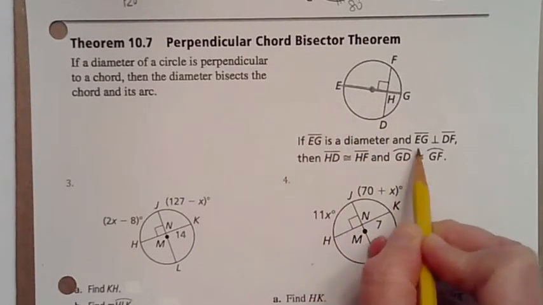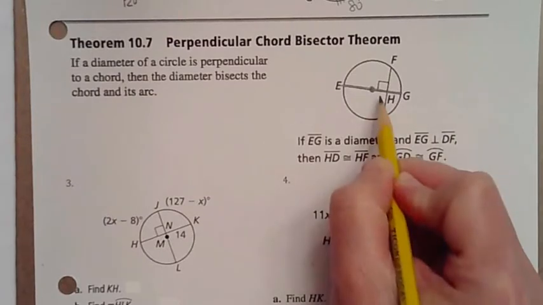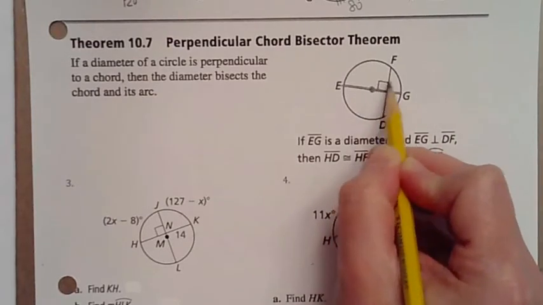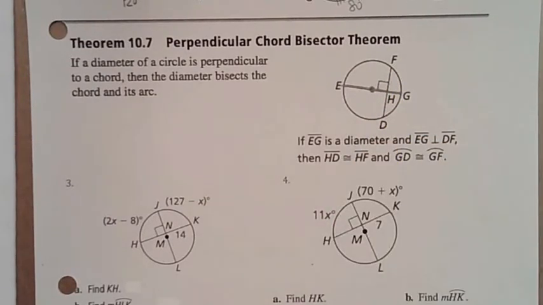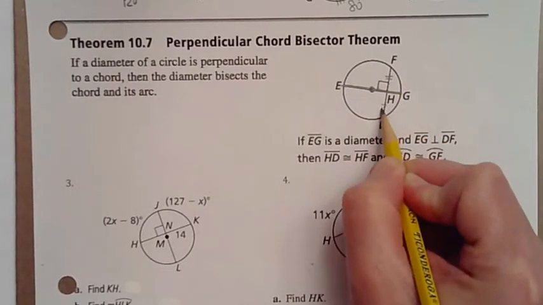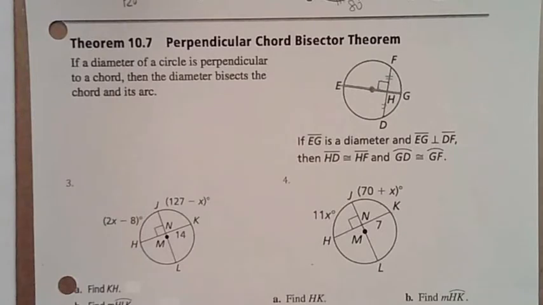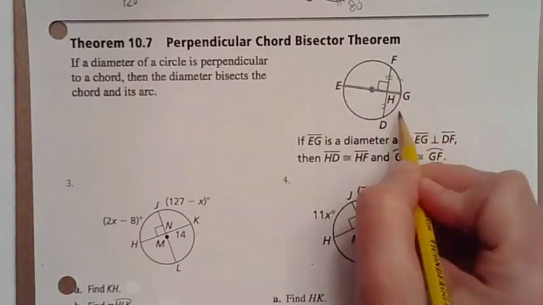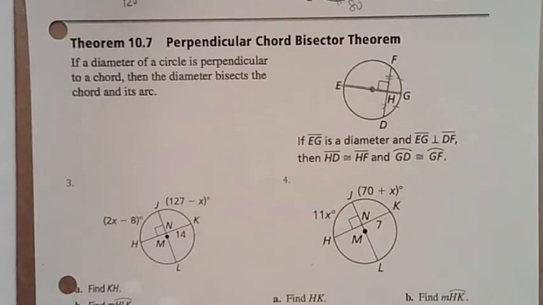If that happens, and it is perpendicular to a chord, then it's going to cut that chord into 2 congruent pieces, and it's also going to cut that arc into 2 congruent pieces.